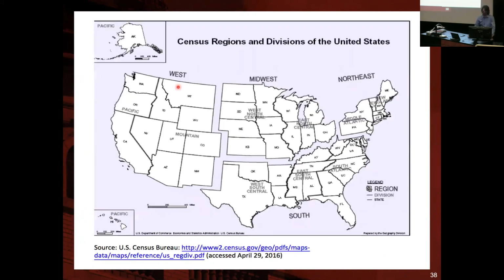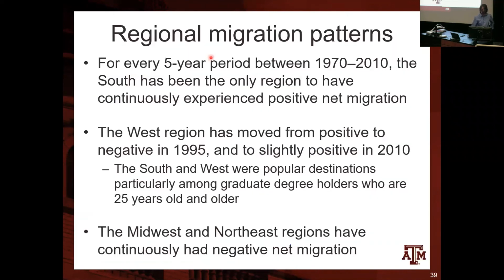And when we are talking about these areas, we're talking about this. This is the West region, Midwest, Northeast, and the South, right? And you have the divisions within them, but in this analysis I'm just talking about the overall regions. And just looking at the regional migration patterns, internal migration between these regions, in the period from 1970 to 2010, the South has been the only region to have continuously experienced positive net migration.